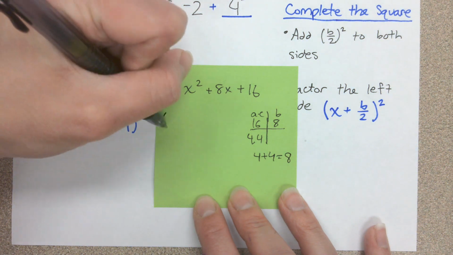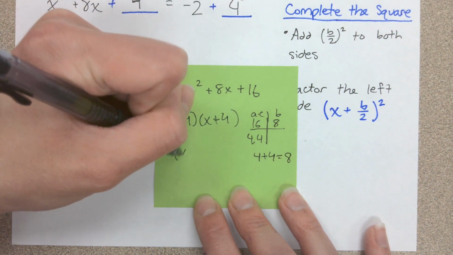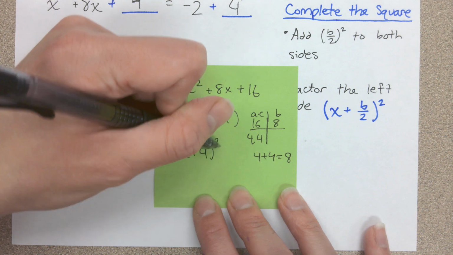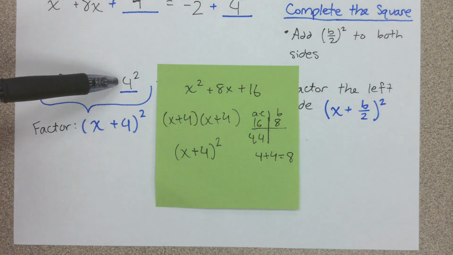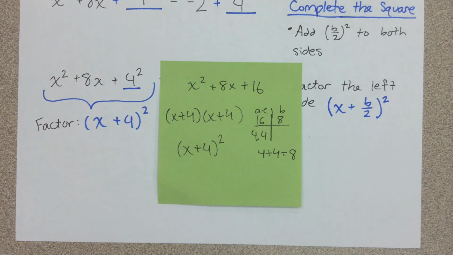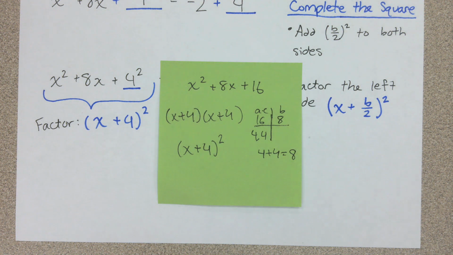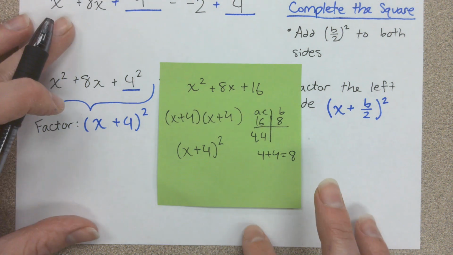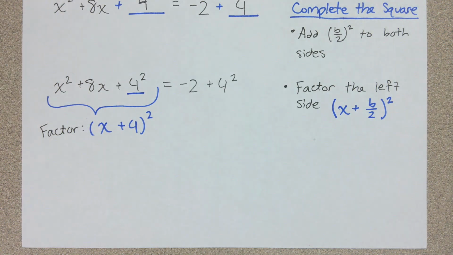So this thing factors as x plus 4 times x plus 4, which we can condense to just x plus 4 squared. So by leaving this unsquared and knowing that this is going to be the factor when I factor it, I'm skipping all of this extra work and the thought process behind it. So that's why the trick works. Just go with it. It's going to save yourself a lot of time.